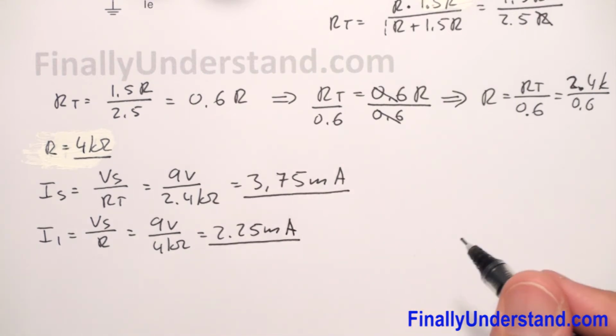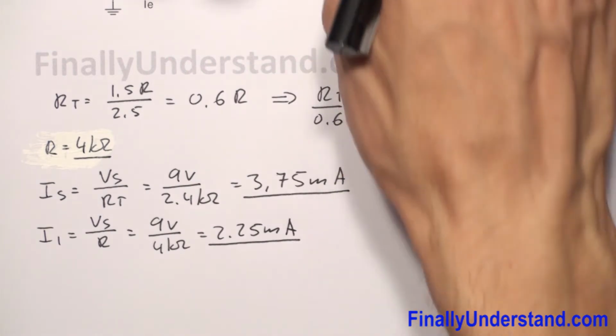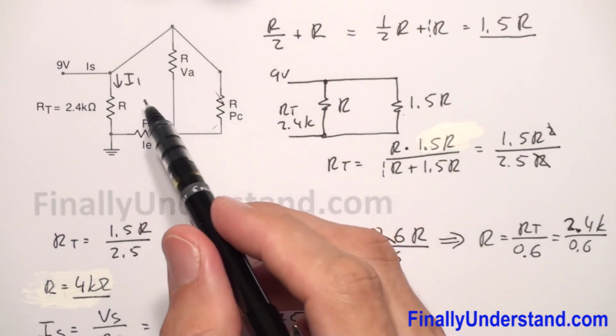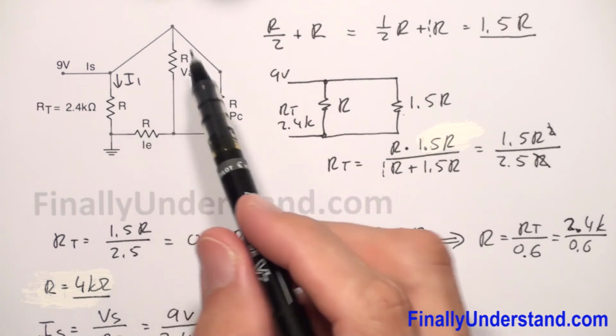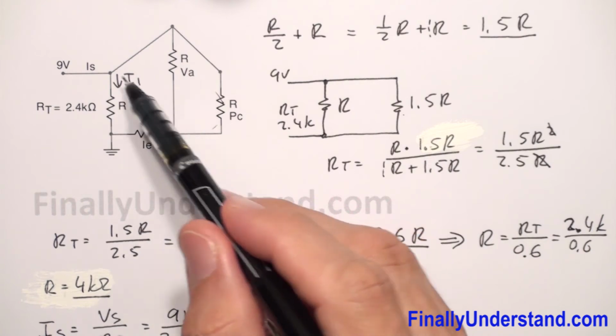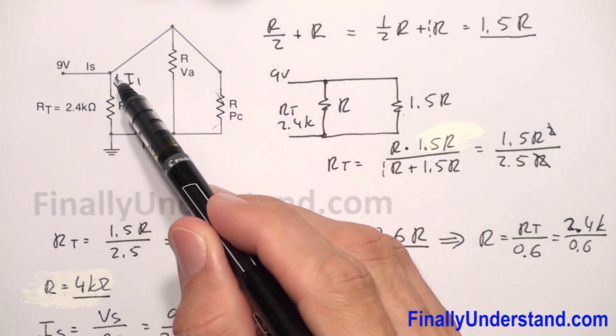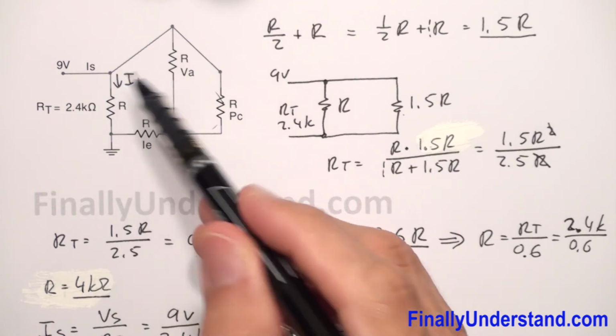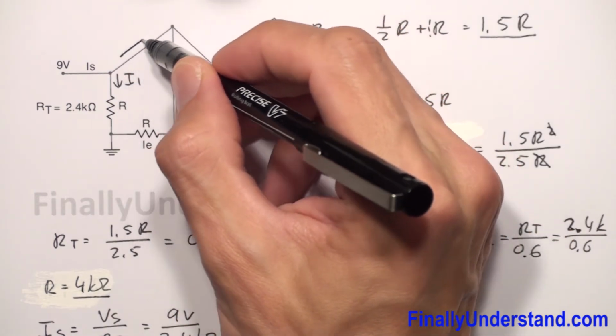Now, if I have this current, I can find this current. Why? Because I source minus I1 will give me the current which will go over here.